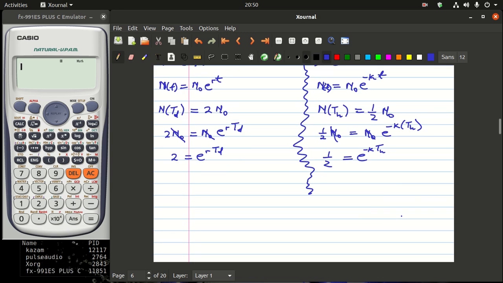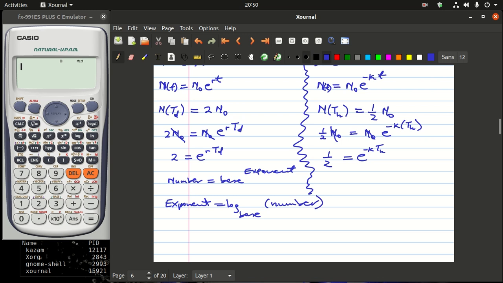And then if we continue here, you'll find out that whenever you have a number equal to a base raised to an exponent, you can rewrite this as saying the exponent is equal to log base, and then you have your number inside. This is written in exponential form.